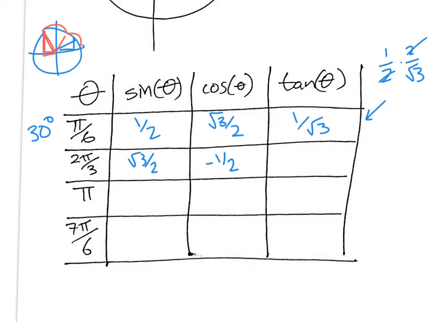Therefore, in finding tangent, we would do sine divided by cosine. I'm going to skip that step and multiply by the reciprocal. So we have negative 2 over 1. This is giving us negative square root 3. When the 2's cancel, don't forget about the negative. Root 3 over 1 is root 3.